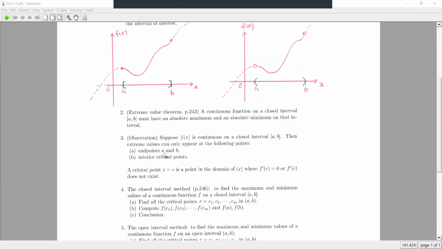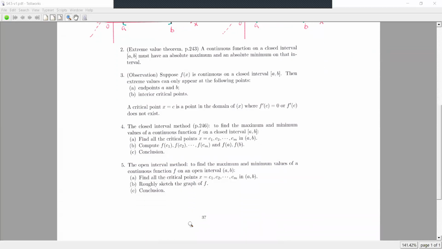Okay, now based on this observation, in section 4.1 we developed three steps to locate maximum and minimum function values. The book calls these three steps the closed interval method. You can find this method on this page.